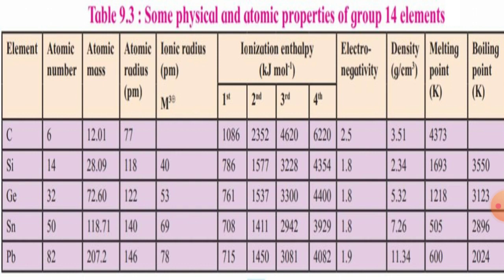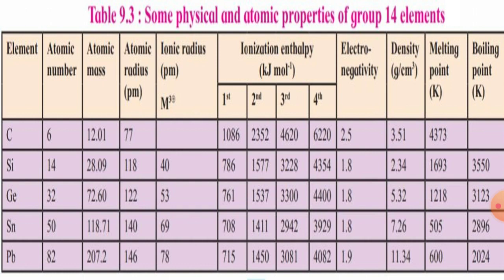You see from the values: first ionization enthalpy is the energy required to remove the last electron, second ionization enthalpy is the energy required to remove the second last electron, third ionization enthalpy is the energy required to remove the third last electron, and fourth ionization enthalpy is the energy required to remove the fourth last electron from an isolated gaseous atom. As the atomic radius increases, ionization enthalpy decreases down the group.